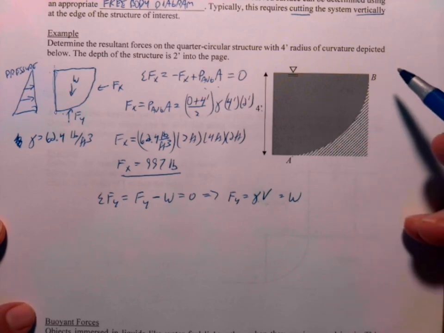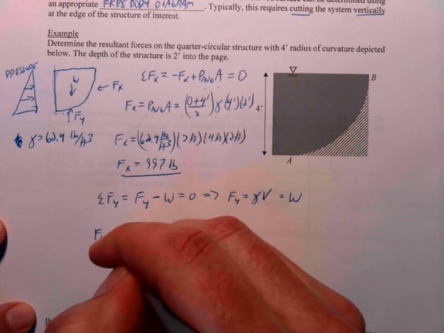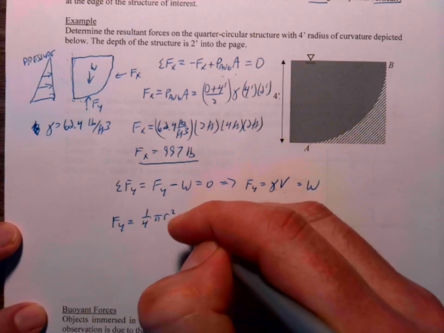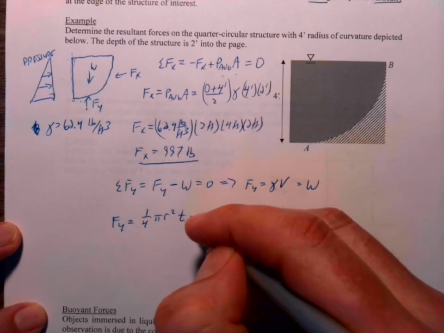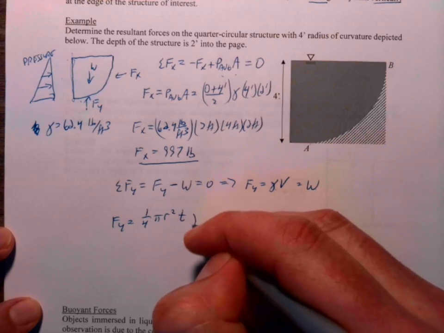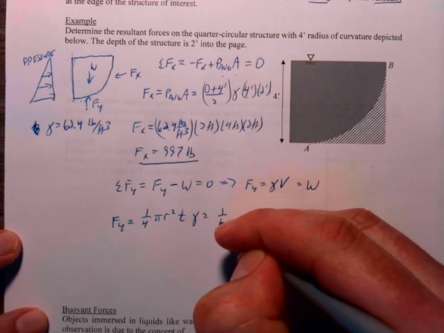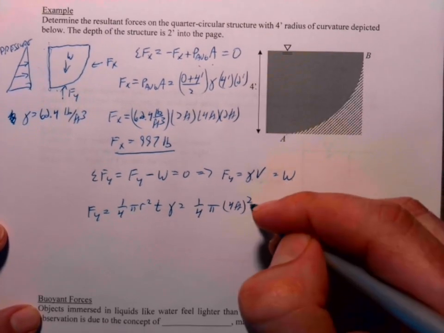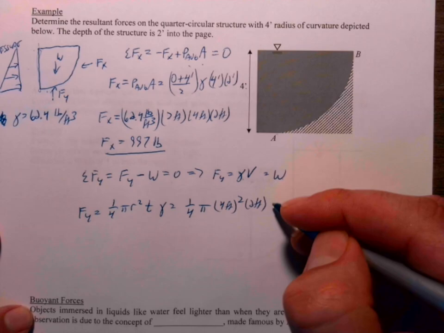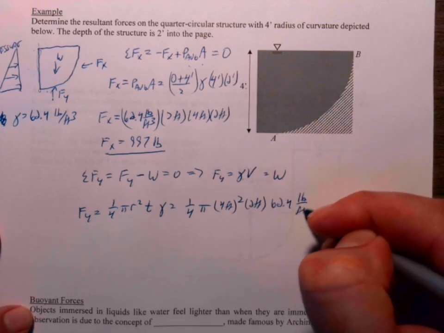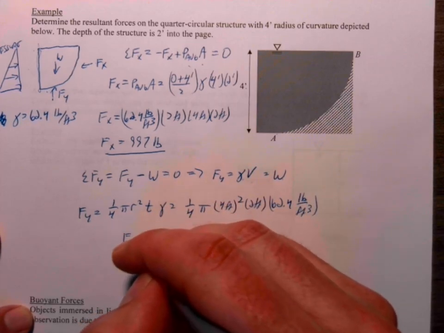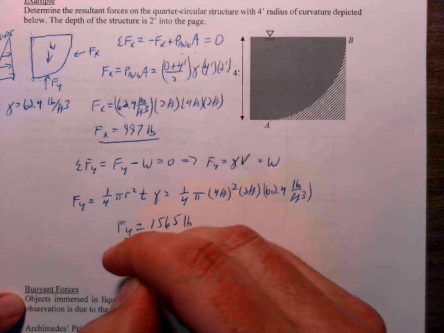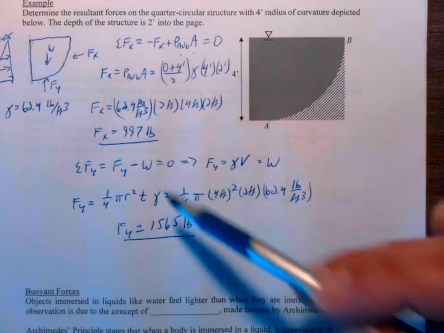Okay, so we have Fy is equal to 1/4 of pi r squared times t into the page, and then times gamma, and so it's just 1/4 pi times 4 feet squared times 2 feet thick into the page, and then times 62.4 pounds per cubic foot, and therefore we get the Y force is 1,565 pounds.